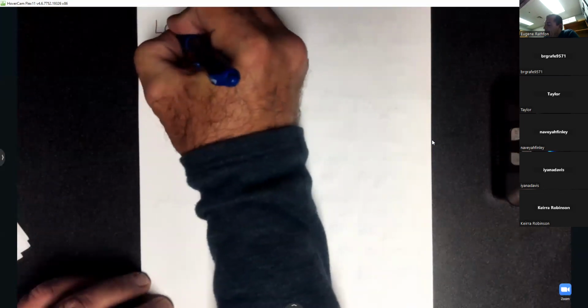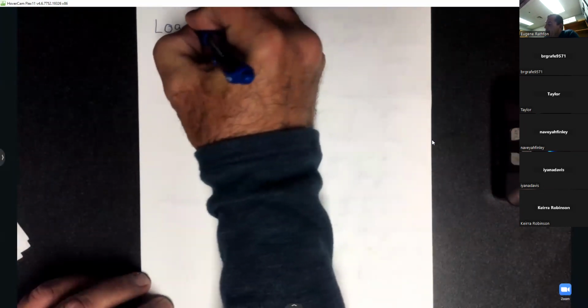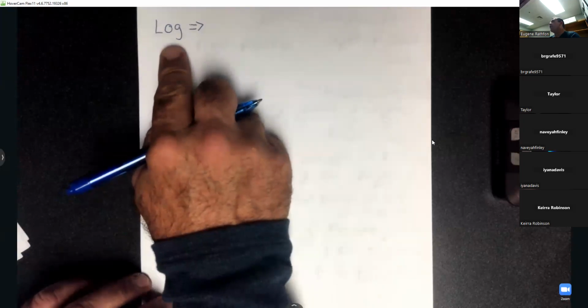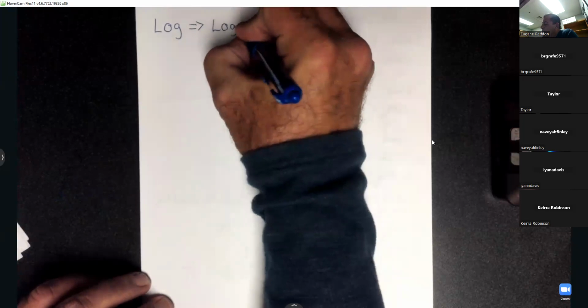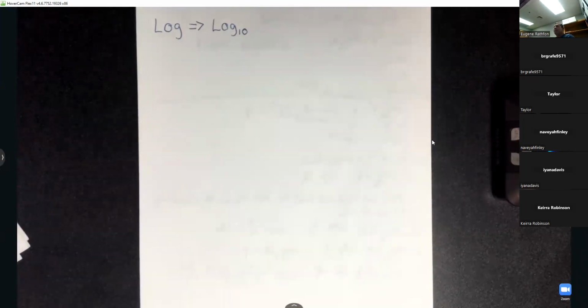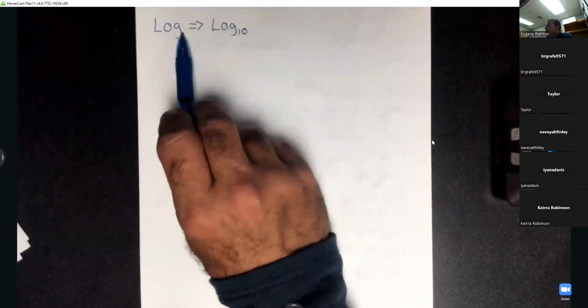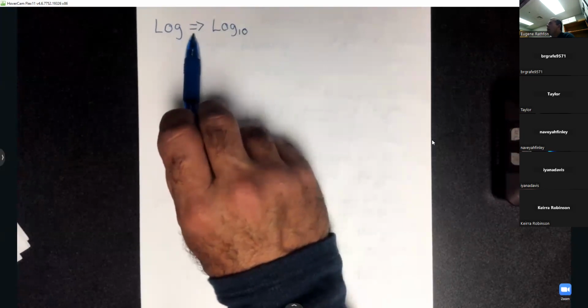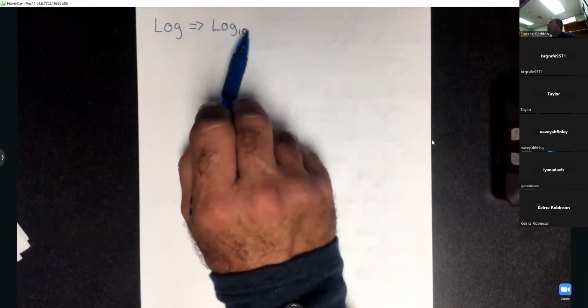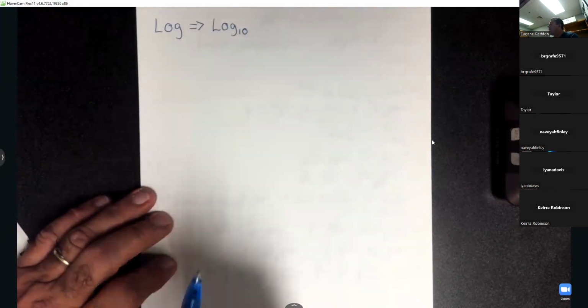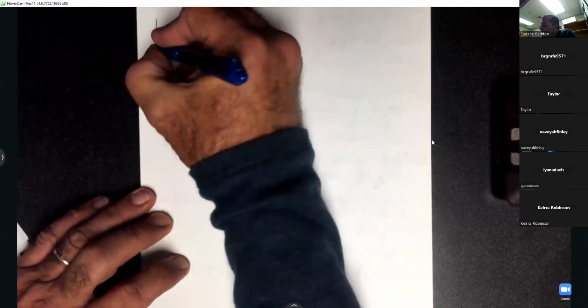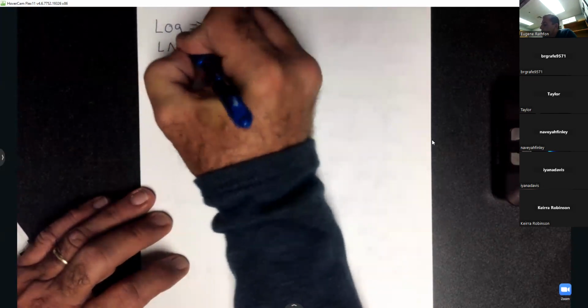All right, so before I do more, on the front of the calculator, you have a log button. That log button on the front of the calculator is really a log base 10. So if I do not write a base here, it is automatically understood to be a 10. And there's another button right under that one on the front of that calculator that is a LN.